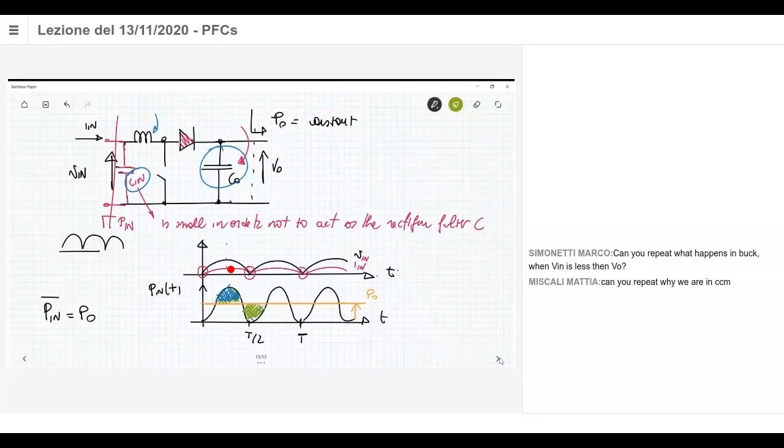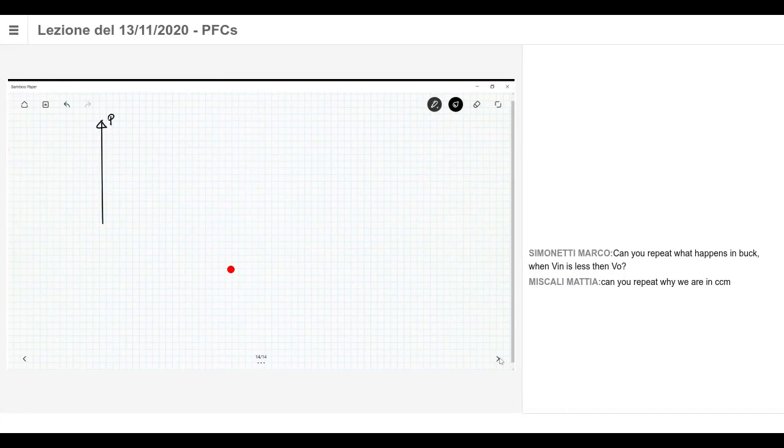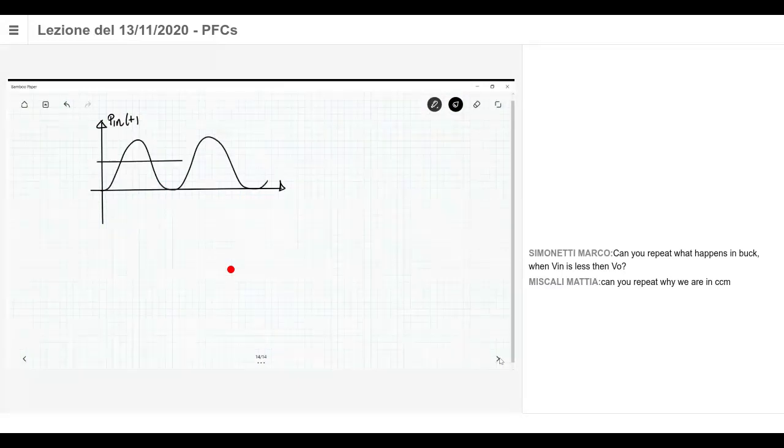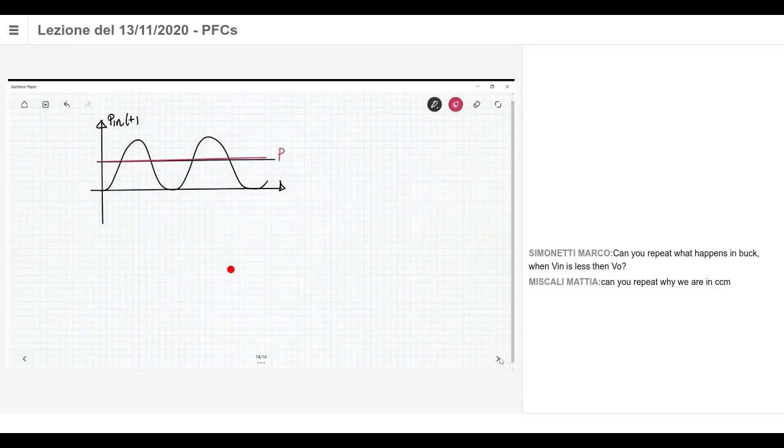So suppose that you have this kind of behavior of the input power, as I showed you, which is something which is here, in which this is the average P naught. The frequency here now is 2 times the input frequency. So there is a time interval in which the input power is in excess.